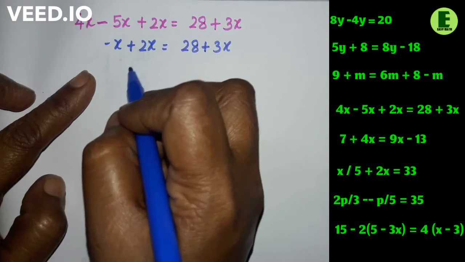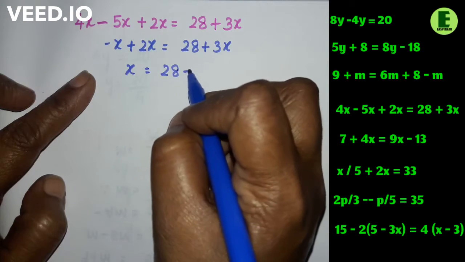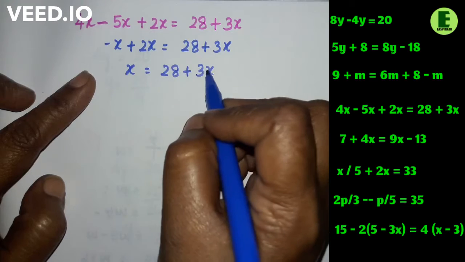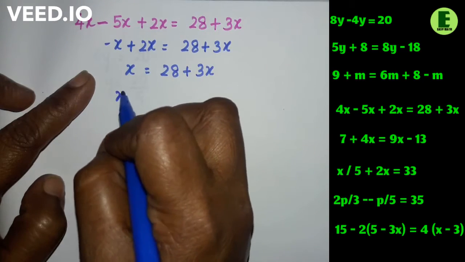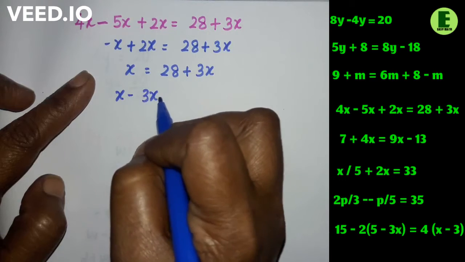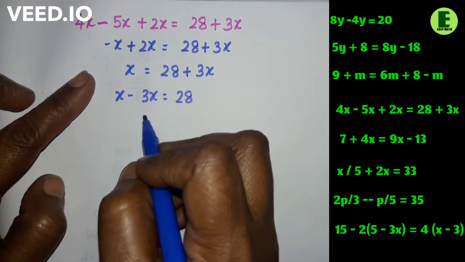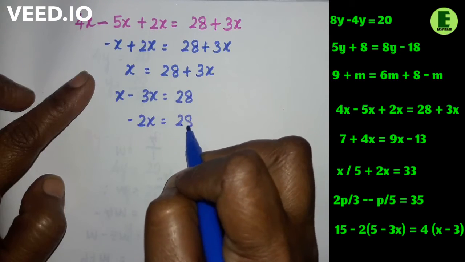Now minus x plus 2x will become x is equal to 28 plus 3x. Now we have an x term on the right hand side, so let us transpose it to the left hand side. So x minus 3x is equal to 28. So x minus 3x is minus 2x is equal to 28.